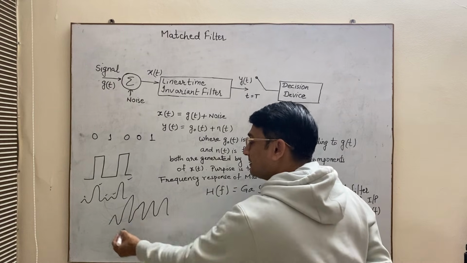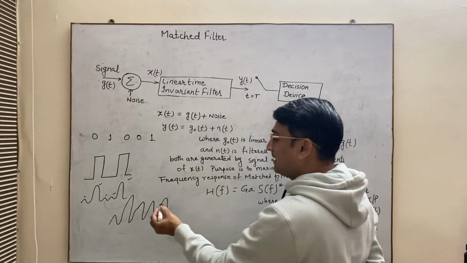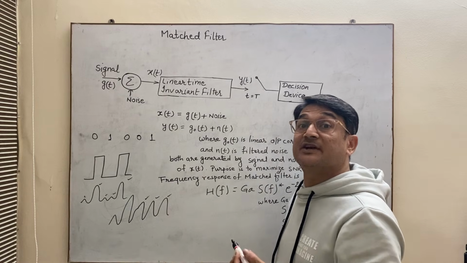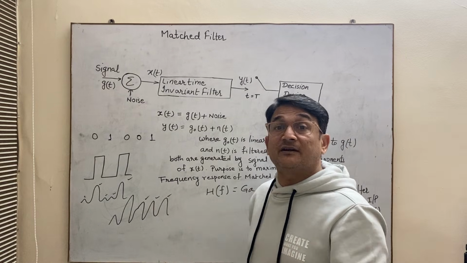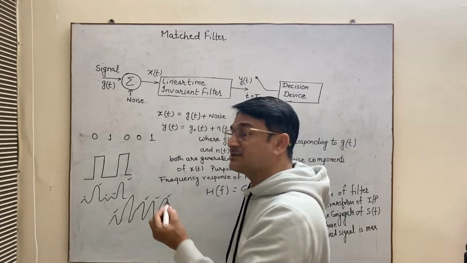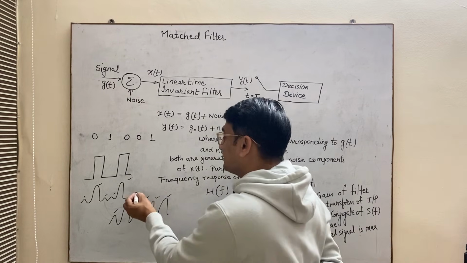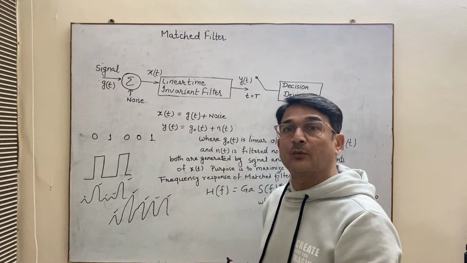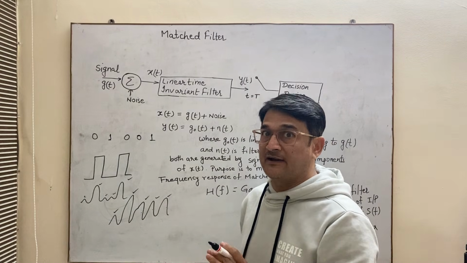So when you receive such a signal, these three basically give you an impression whether it is 0 or 1. You cannot decide. At this instance you can decide that this bit is 0, this bit is 1. In these three sequences, noise is added.